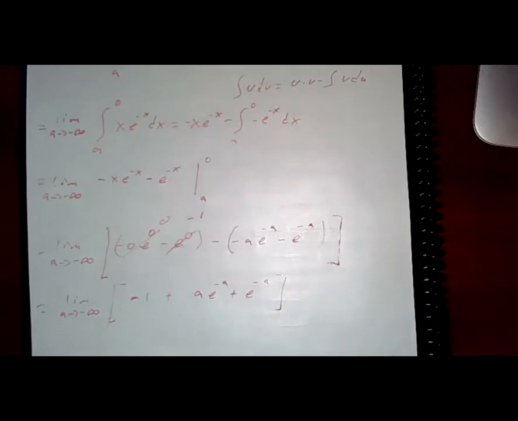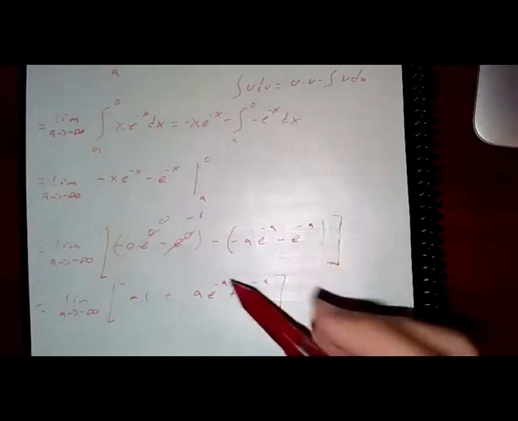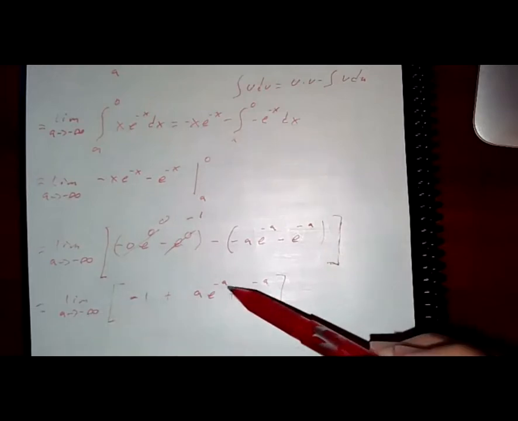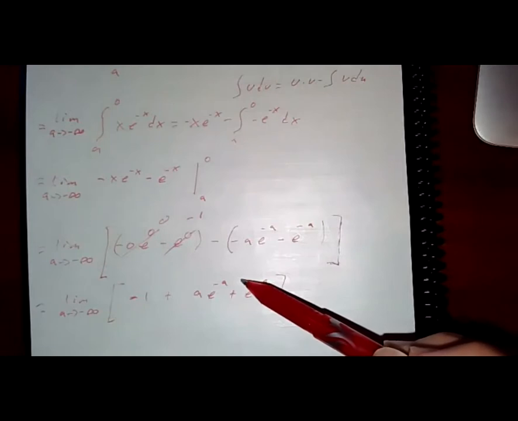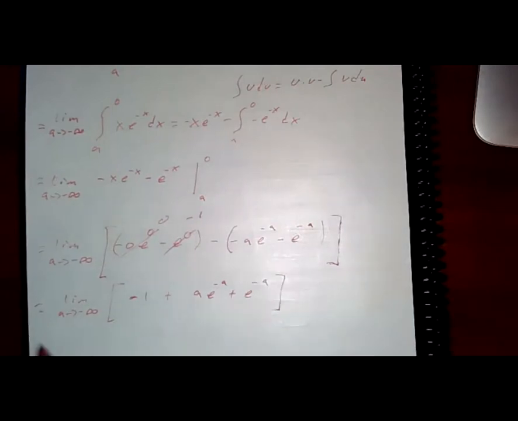All right, so now I've got to take the limit. What's going to happen, you approach negative infinity, but you have a negative exponent. If that's weird, let me write one more step.